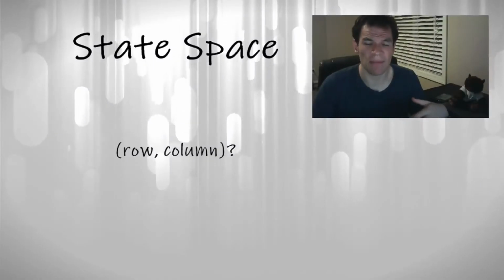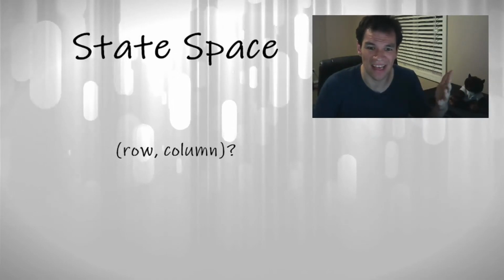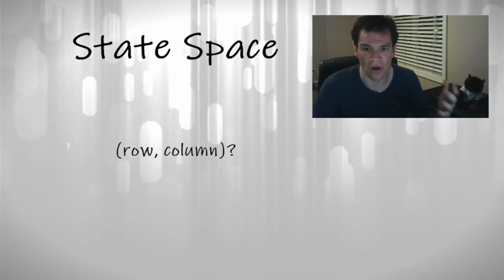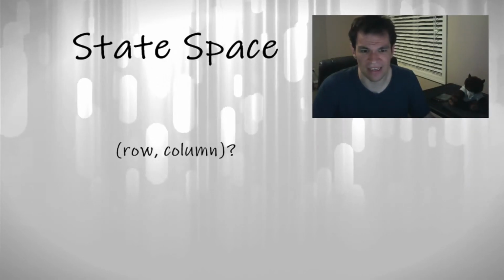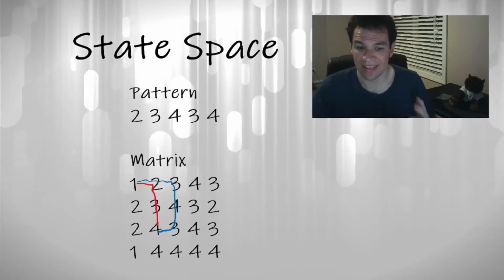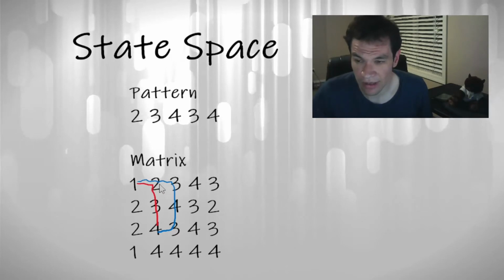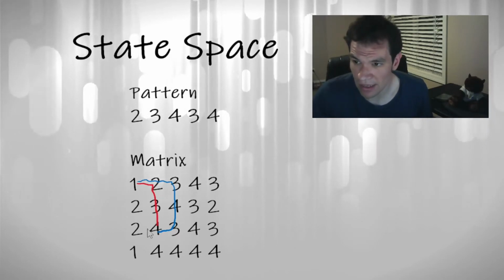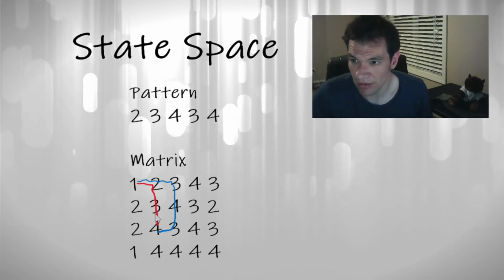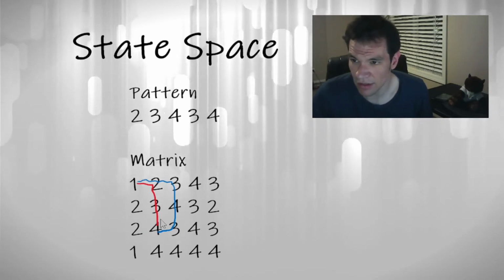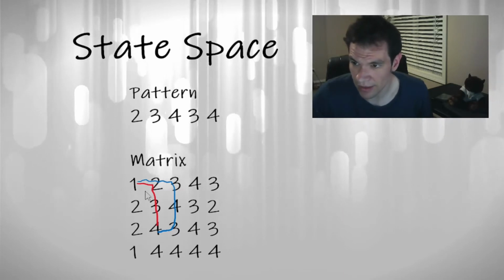Some people may be tempted to define the state space as pairs of rows and columns. Let's see an example where this approach fails. Here, take a look at this case over here. The red path cannot go left, cannot go to the 2, because the next number in the pattern is another 3.